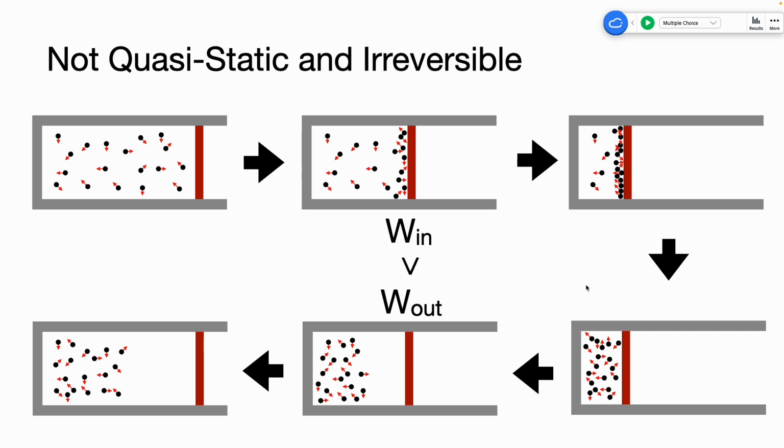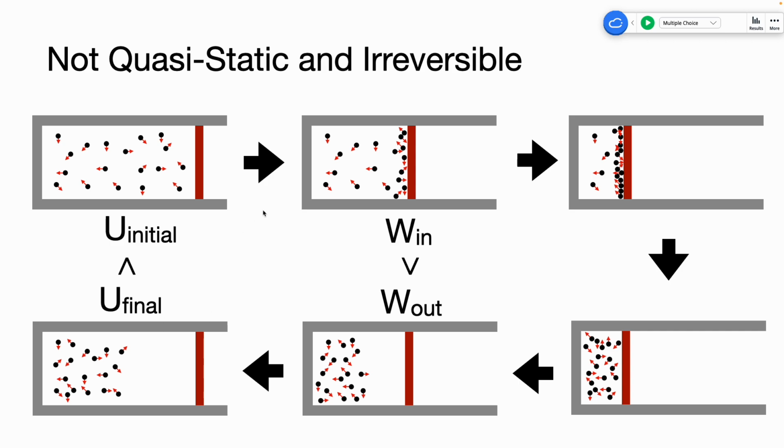Because the process is so fast, the gas is not in an equilibrium state. The pressure depends not just on the volume, but also on how fast you compress it. So at the end of the day, you output more energy than the energy input back.